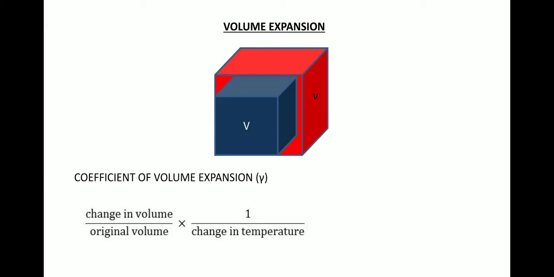Over here, volume expansion is change in volume by original volume times 1 by change in temperature. So mathematically gamma is equal to change in the volume small v by original volume capital V times 1 by the change in temperature small t.